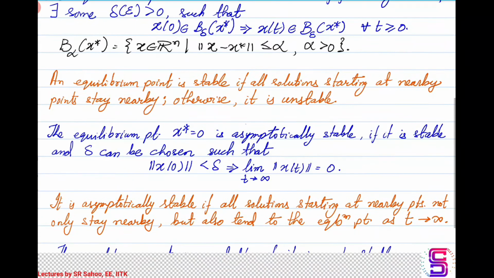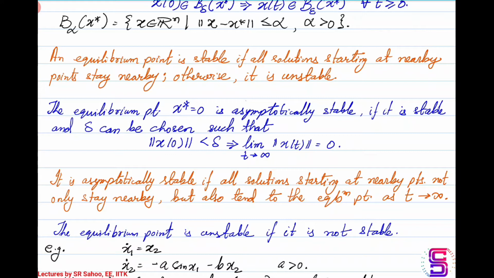Okay, so to put it mathematically, the equilibrium point x star equal to 0, which is the origin of Rn in this case, which is the equilibrium point for the autonomous system, is said to be asymptotically stable if it is stable, so it has to satisfy the definition of stability, and you can choose the delta such that if you start within the delta ball, then as t approaches infinity, the magnitude of x will become 0.